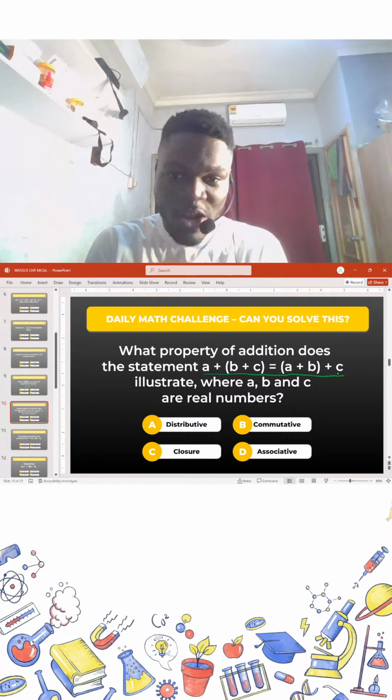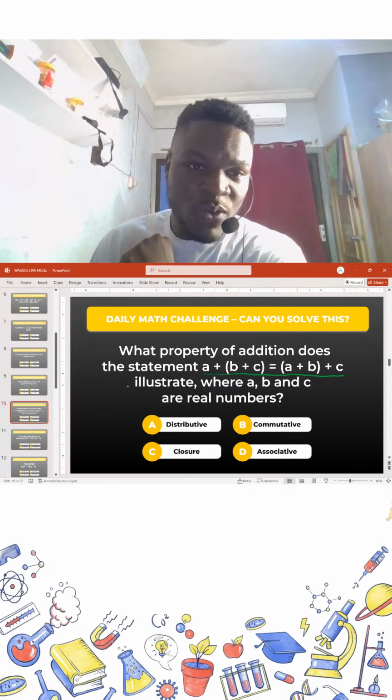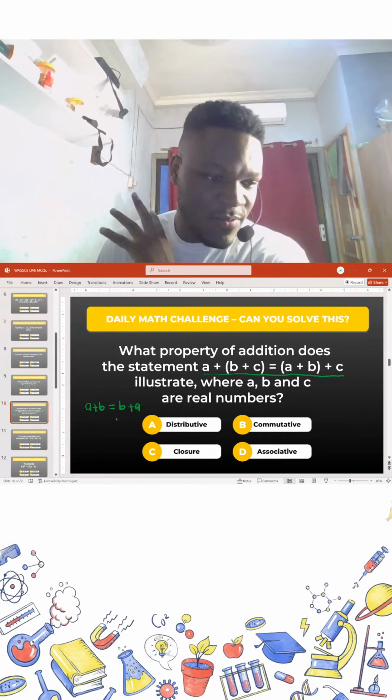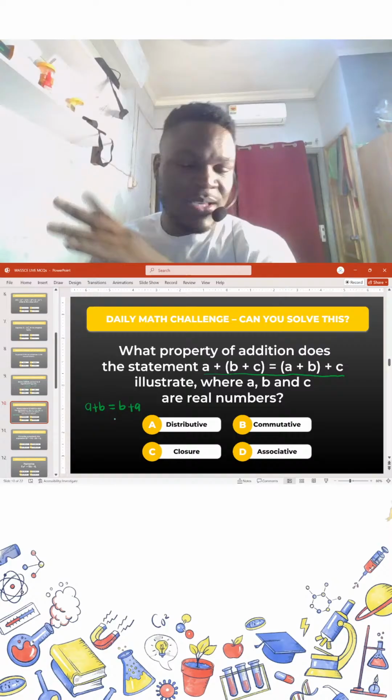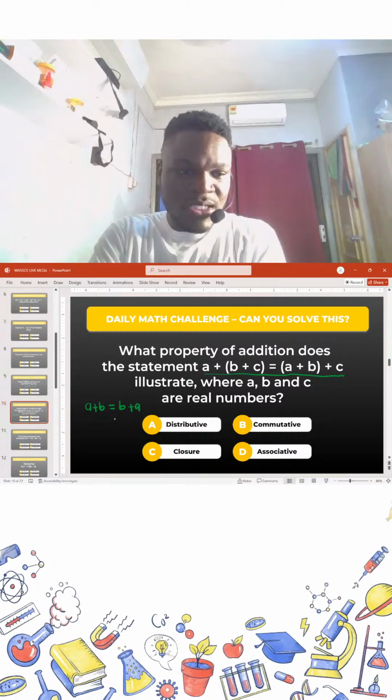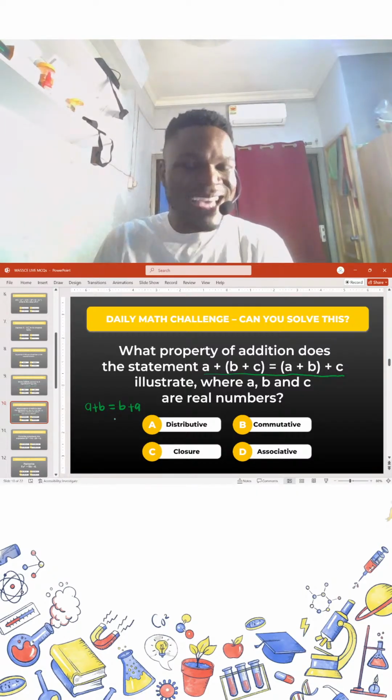So yes, the correct answer is associativity. This is why. For commutativity, it is in the form A plus B should be equal to B plus A. It means that if I have an expression A plus B, and I interchange the positions of the values, I should still get the same result.